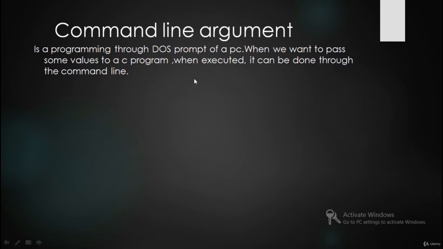Hi. In this topic, we are going to learn something about command line arguments. It's programming through the DOS prompt of a PC. Thus, it's programming through the disk operating system of a PC. When we want to pass some values to a C program when executed, it can be done through the command line. Let's go to the steps for starting up the command prompt.